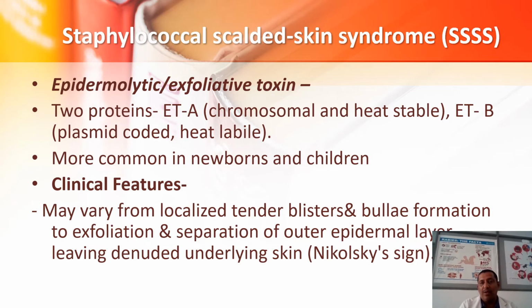This is an infection where there are blebs over the skin, as if the skin was burnt, containing a cavity filled with fluid. It looks like a burn injury. That's why it is called scalded skin syndrome.